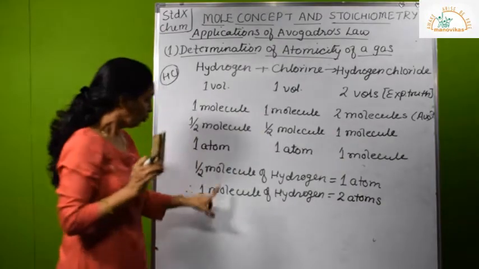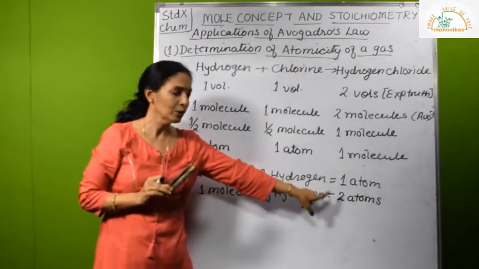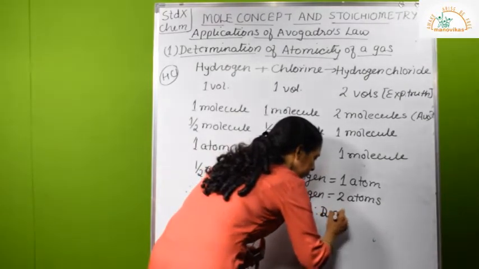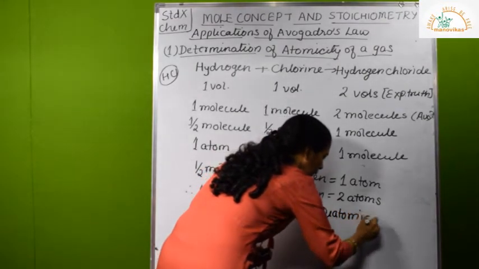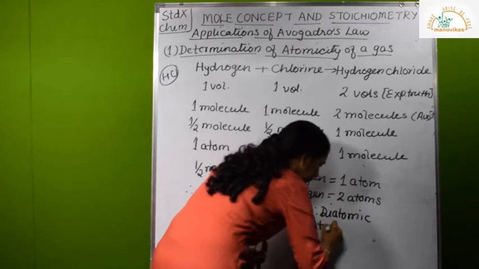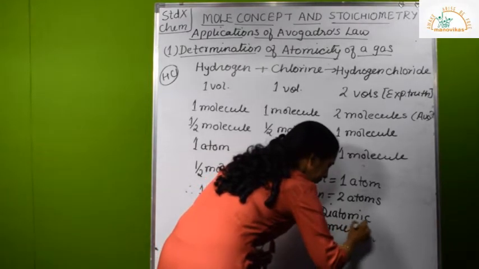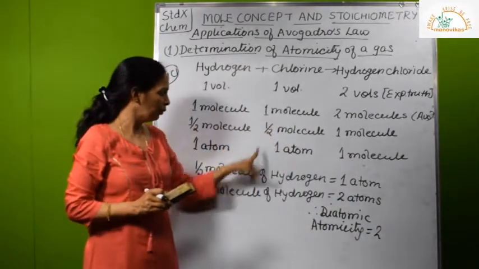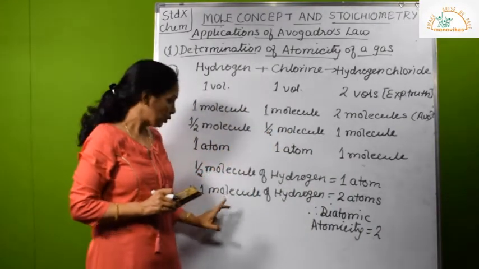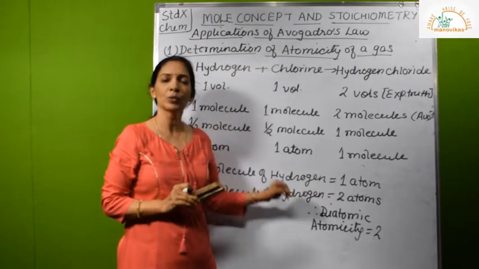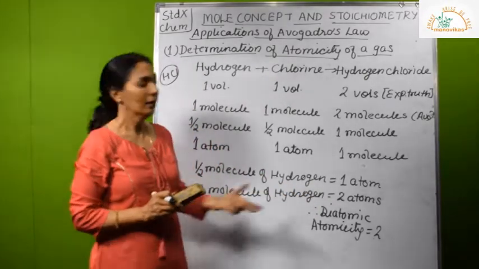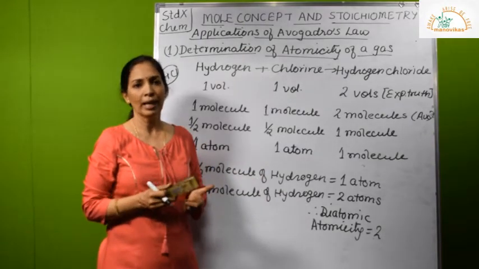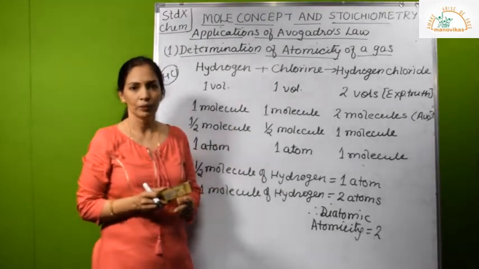That means one molecule of hydrogen has 2 atoms, so it is diatomic, or atomicity is equal to 2. Same thing for chlorine. Half molecule of chlorine is equal to 1 atom. So one molecule of chlorine, 2 atoms. So chlorine is also diatomic with atomicity 2. This is how we can calculate atomicity of a gas by applying Avogadro's law.